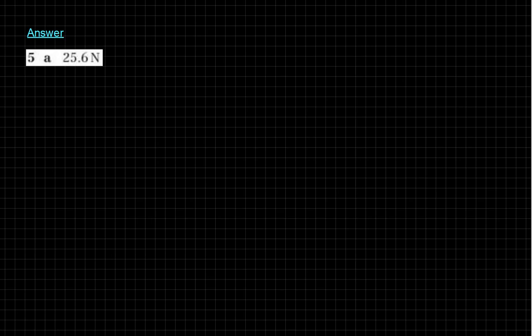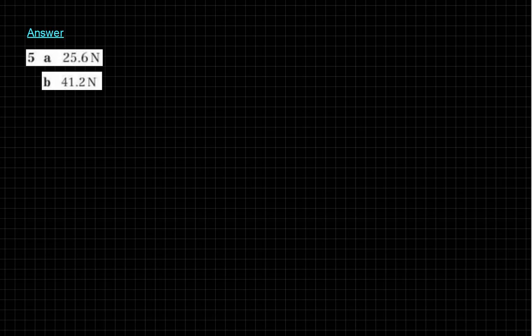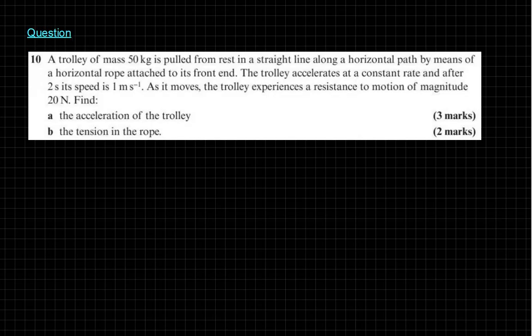Okay, and there's your answer to A. And you've also got there your answer to B. So for this question, just give it a go yourself if you want to. I'll give you a brief hint, but if you don't want the hint, just try it first and pause the video now.